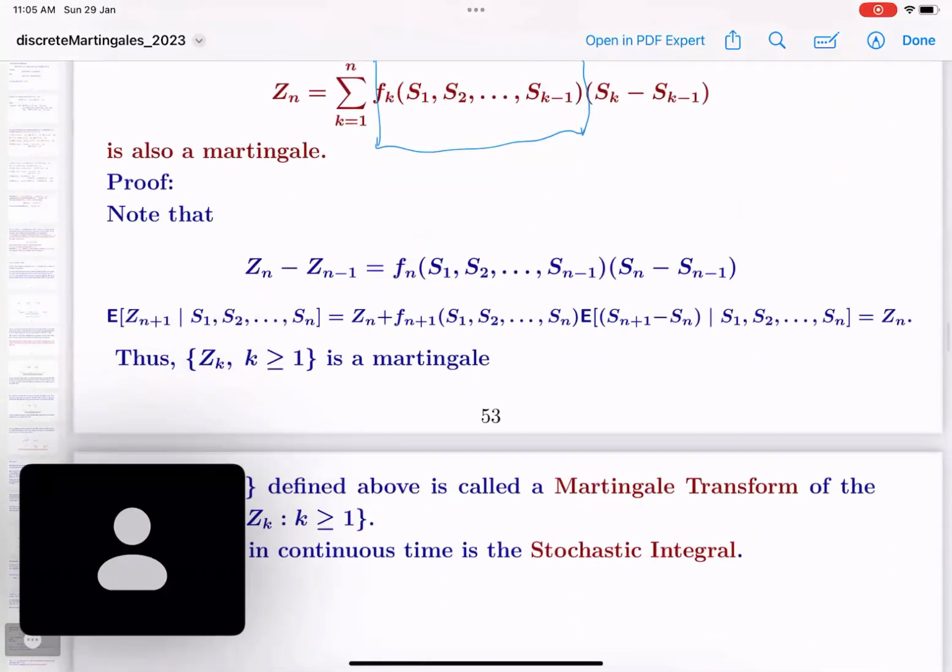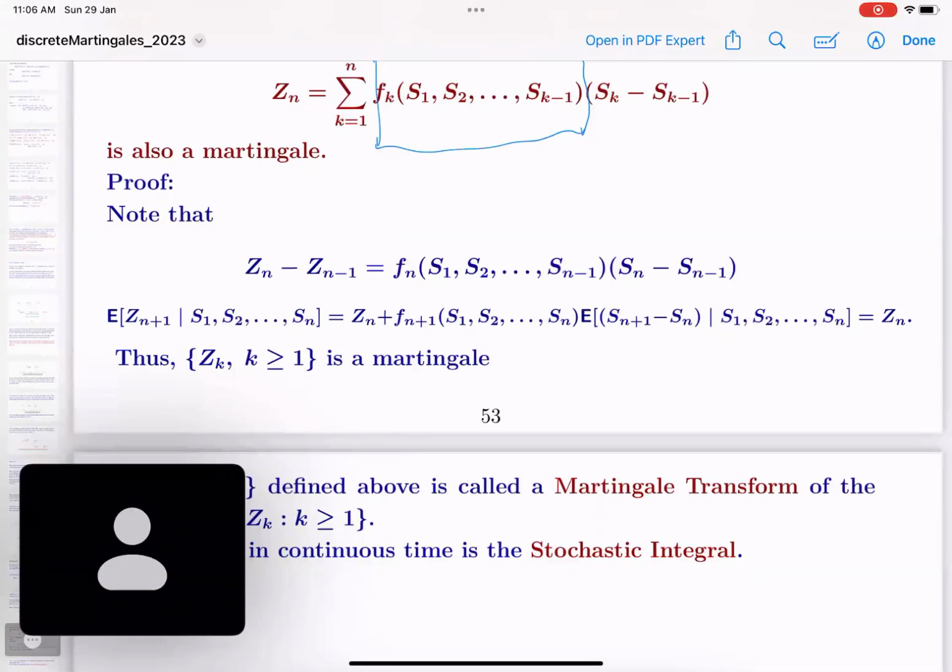Let's note that the difference in Zn will be exactly equal to what you will get at the nth time, Fn(S1, S2, ..., Sn-1) times (Sn minus Sn-1). Now, when you try to do conditional expectation of this, I have changed the index n to n plus 1 here, but it doesn't matter.